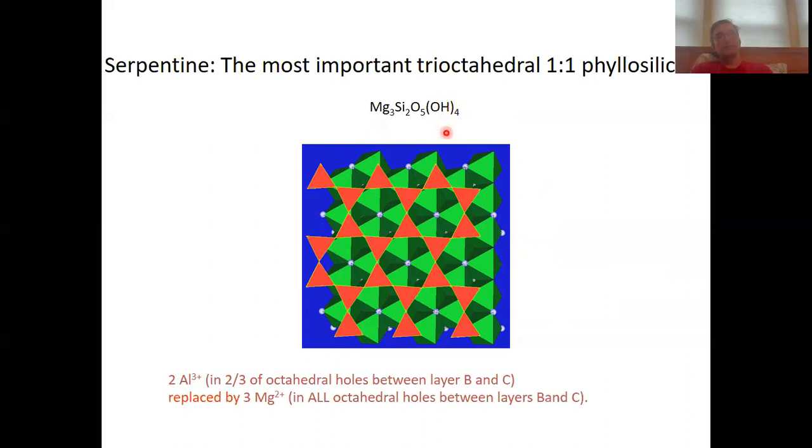And again, these 4 protons will coordinate to the oxygens of layer C, because again this layer C contains the most basic oxygens. The mineral that results from that is called serpentine. That's the most important trioctahedral one-to-one phyllosilicate.